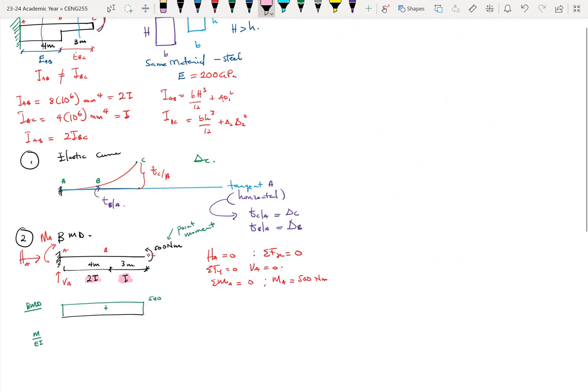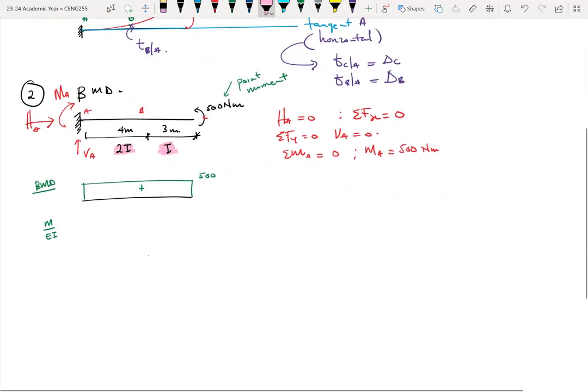Let me just draw a line so that I separate A and B. So on this left side is between A and B, and on the right side is between B and C. Okay. So this is your bending moment diagram, which is fine.